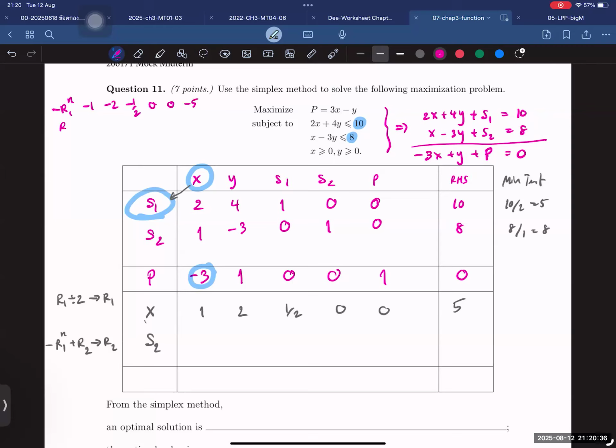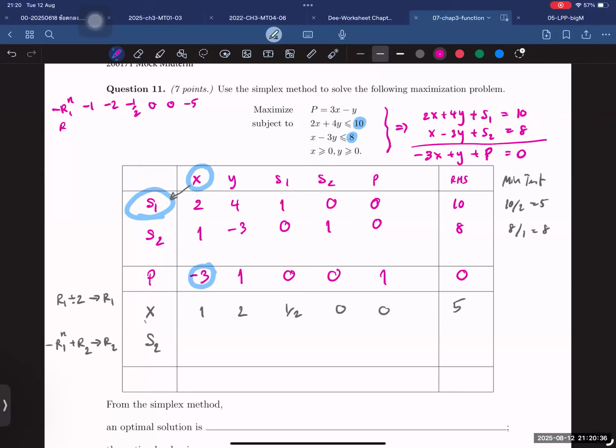Now we combine the two, and we get 0, -5, -1/2, 1, 0, 3. So the new row 2 would be 0, -5, -1/2, 1, 0, 3.